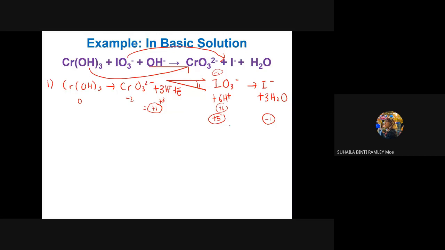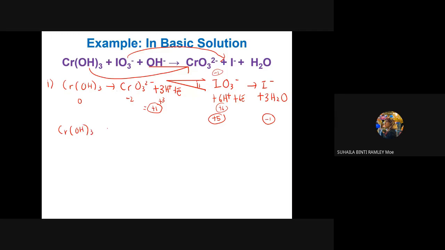So to balance the equation, we add electrons on the side that is more positive. How many electrons? 6. Yes, we add 6 electrons, so it will become negative 1 on both sides. So write the two half equations again.